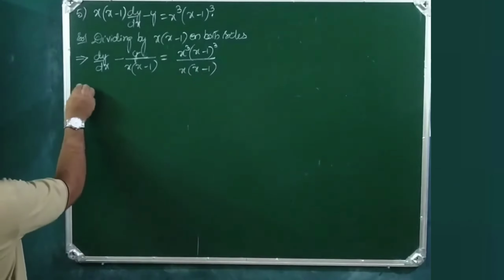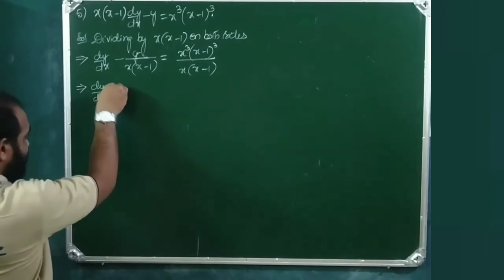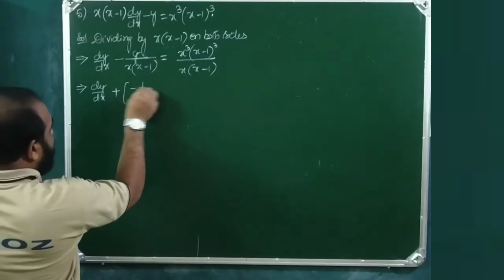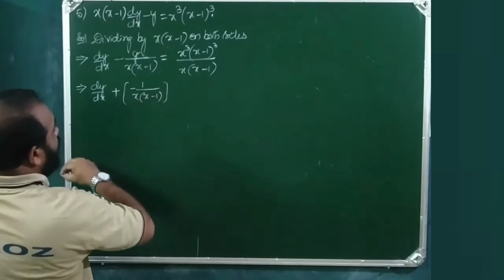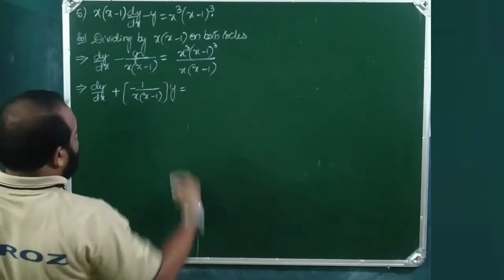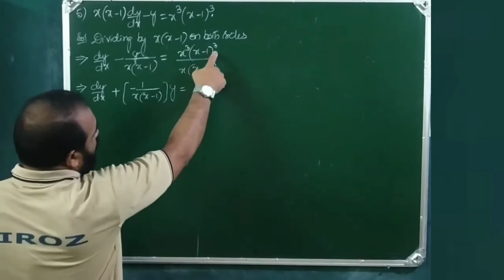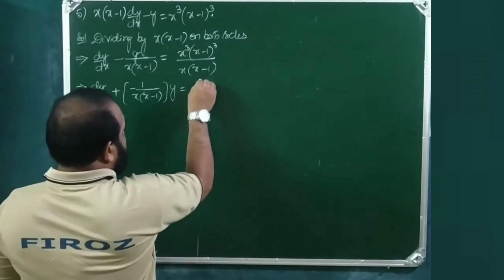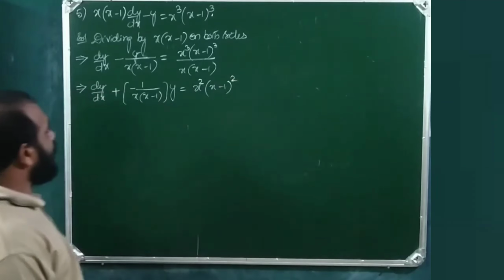So this is dy by dx plus minus 1 by x into x minus 1 into y is equal to x cube by x, which is x square, and x minus 1 whole cube by x minus 1, which is x minus 1 whole square. This is x square into x minus 1 whole square.